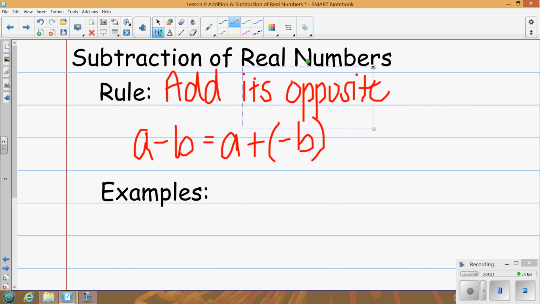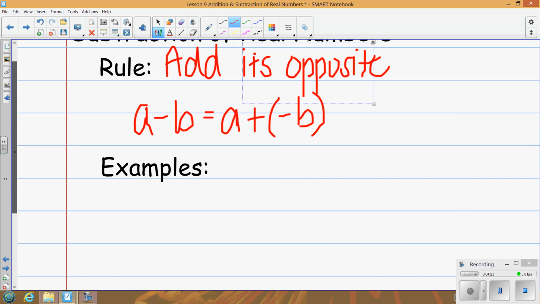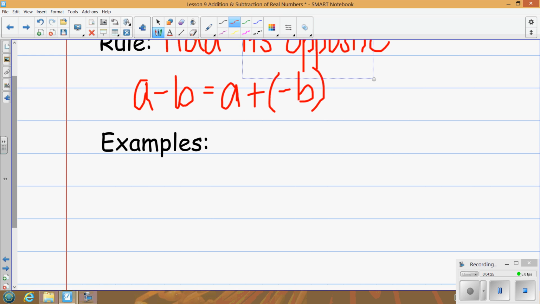If you think of it this way, then really you're not learning a new set of rules, you're just applying addition with one extra step. So basically, if you had 7 minus 2, we know that that equals 5. You can also think of this as keep, change, change.